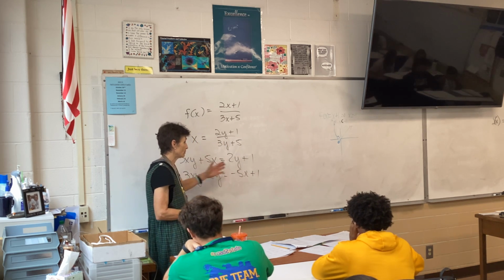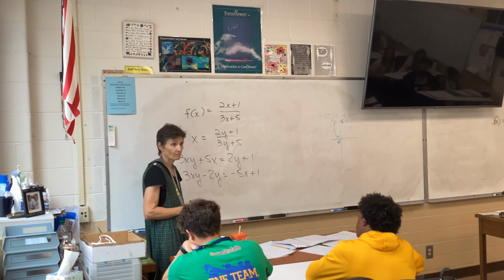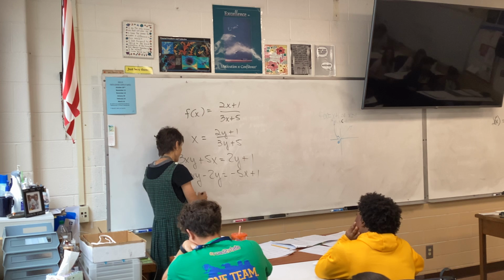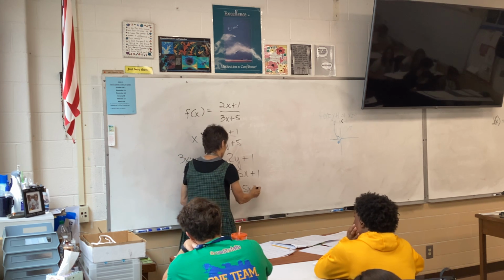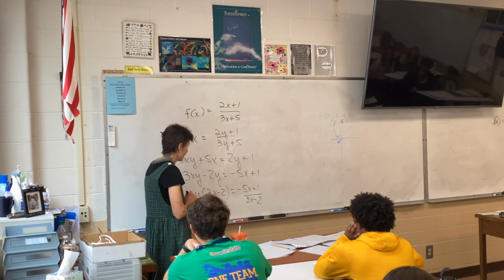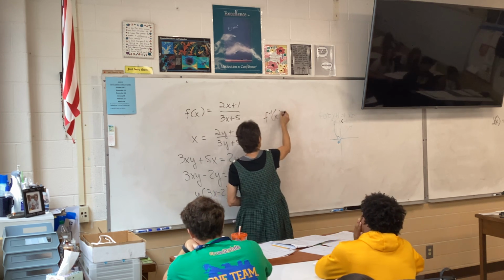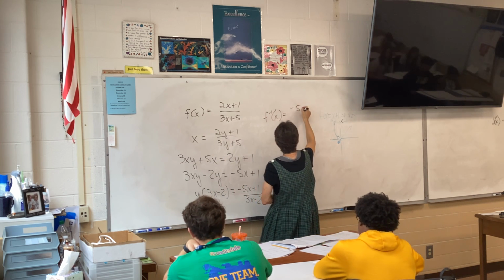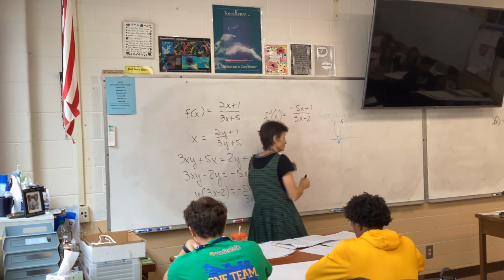It doesn't matter which way you rearrange it, but you want to have all the Y's together so that you can factor them out. And then divide. So your inverse is going to be negative 5x plus 1 over 3x minus 2.